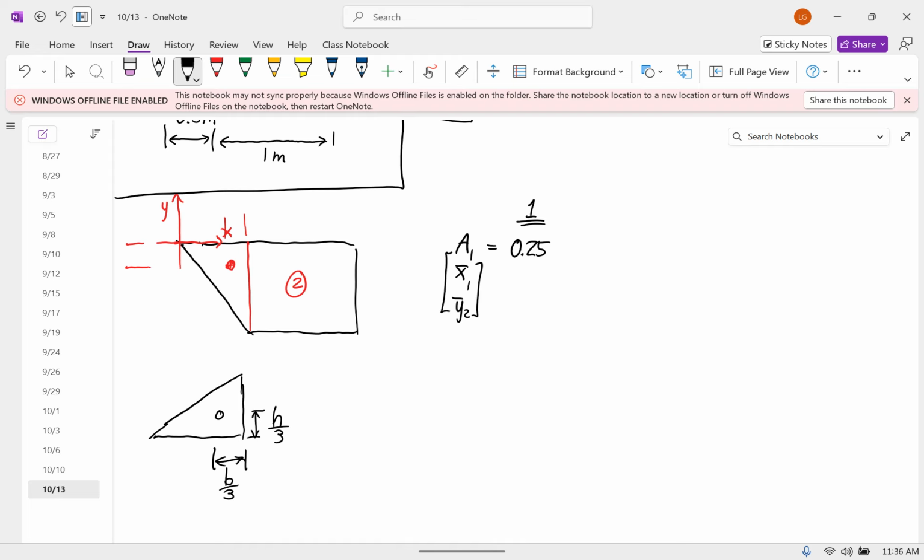The centroid: that horizontal length is 0.5. We want to go 2/3 of that to get from the origin to the centroid, so that's 0.3 repeating.